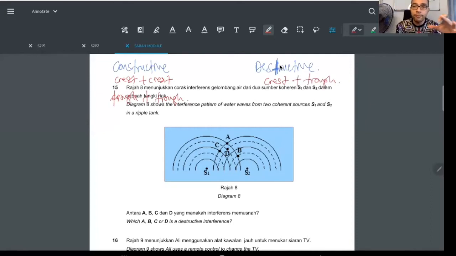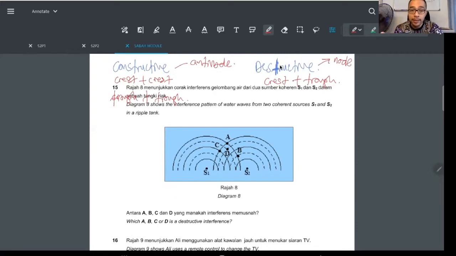When one wave's crest and another wave's crest combine, it is constructive and becomes bigger. One wave's trough and another wave's trough combine, constructive. Destructive is when one wave is going up and the other is coming down, one crest and one trough combined, it becomes 0. It will destroy itself. Constructive interference happens at the antinodal lines and destructive happens at the nodal lines.